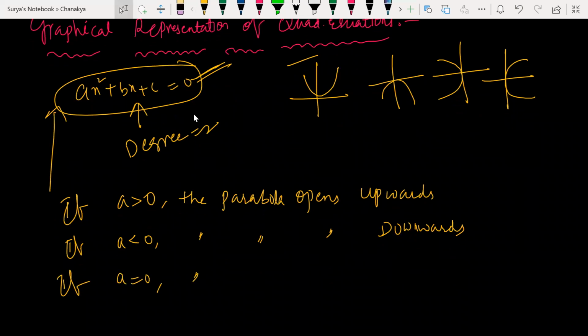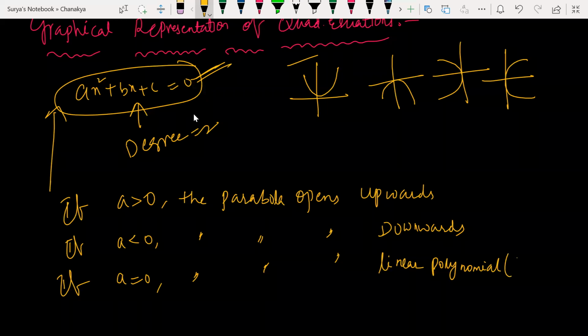If a is equal to 0, the parabola becomes what? It will be a linear equation, a first degree equation, a linear polynomial.